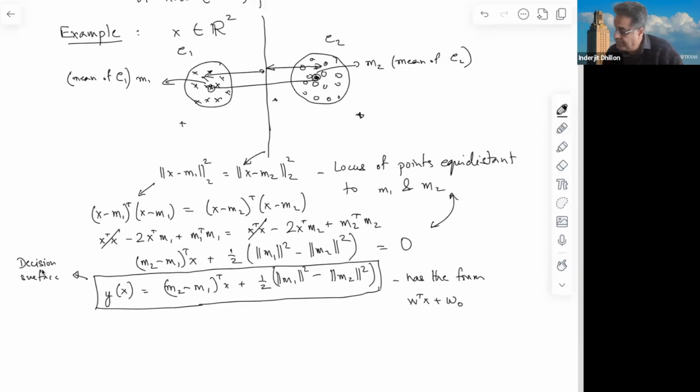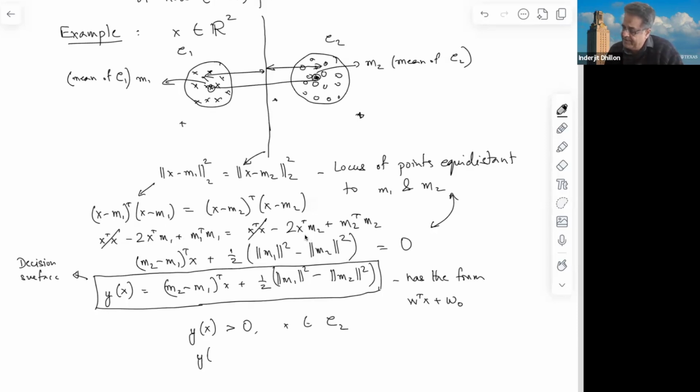The reason is that you could get a very simple decision rule saying if y of x is greater than 0, then the left-hand side over here is greater than the right-hand side, meaning the distance from M1 is greater than the distance from M2. In this case, I would say that X belongs to class C2.